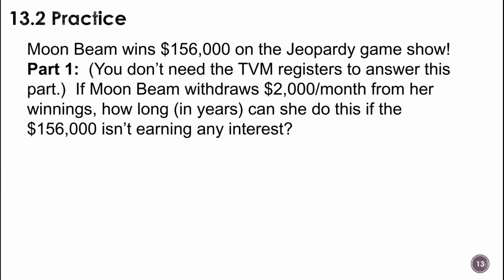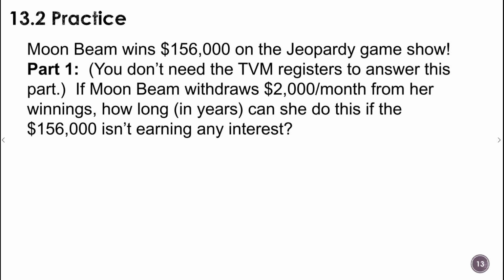All right. Okay, next question. Moonbeam wins $156,000 on the Jeopardy game show. So you don't need the TVM keys to answer this part. If Moonbeam withdraws $2,000 per month from her winnings, how long in years can she do this if the $156,000 isn't earning any interest?